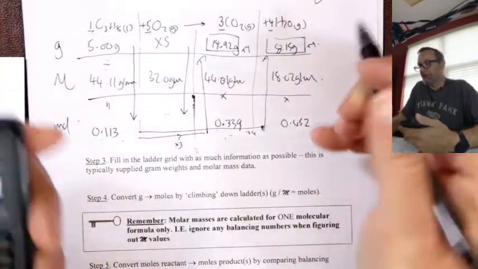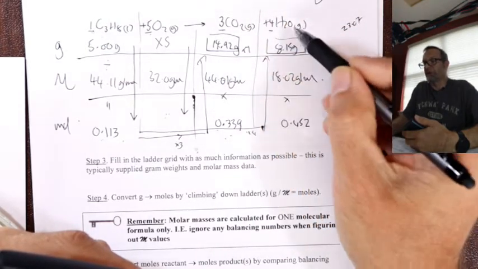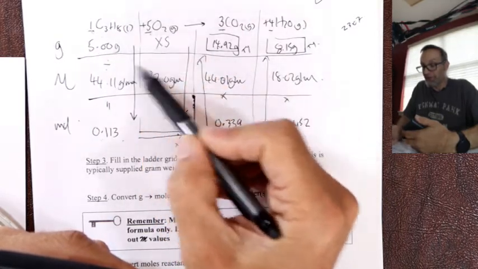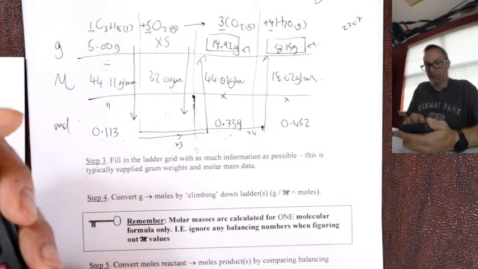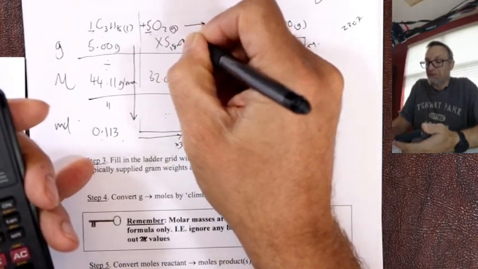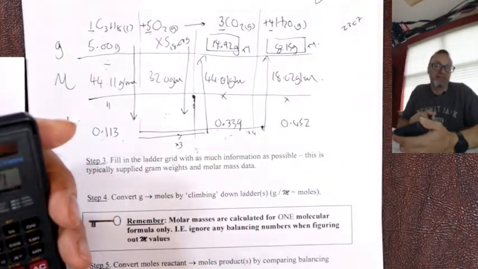So the products weigh 23.07 grams on the right, yeah? On the left here, 5 grams plus something is going to be the same mass, right? So 23.07 minus 5 equals 18.07 grams. So out of the billions of metric tons of oxygen in the atmosphere, we actually used 18 grams, right?